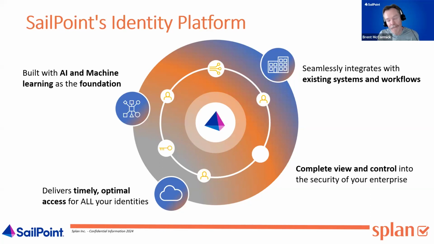This is not manageable by human capacity any longer. It takes AI and machine learning to look for patterns and see where there are issues with access, whether toxic combinations of access, or why one person looks so different from others in the organization. We have patented something called outlier risk scores.